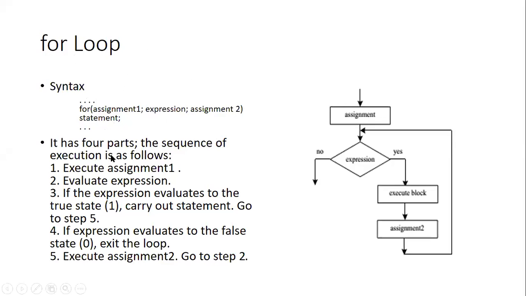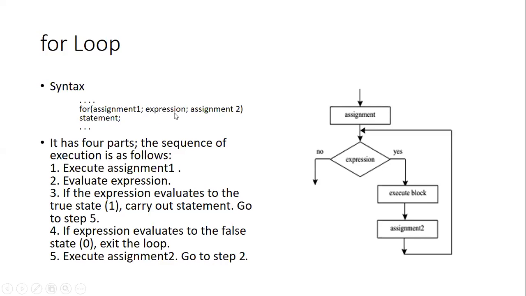The sequence of the execution will be as follows. The first one, it will execute assignment 1. Then it will evaluate the expression. So the first term will be the assignment, the second one will be the expression.